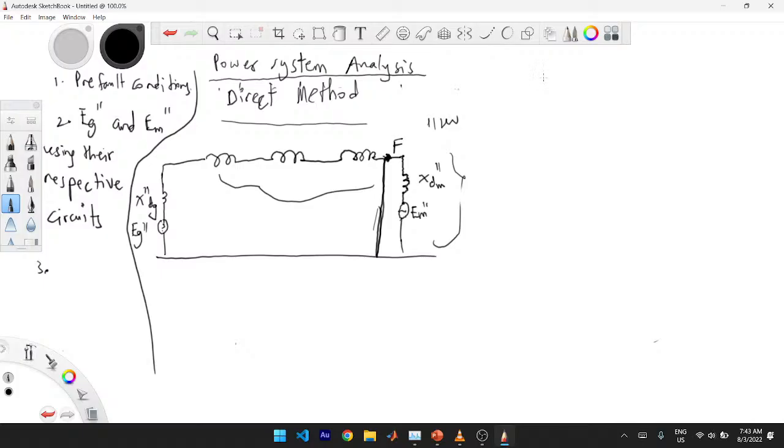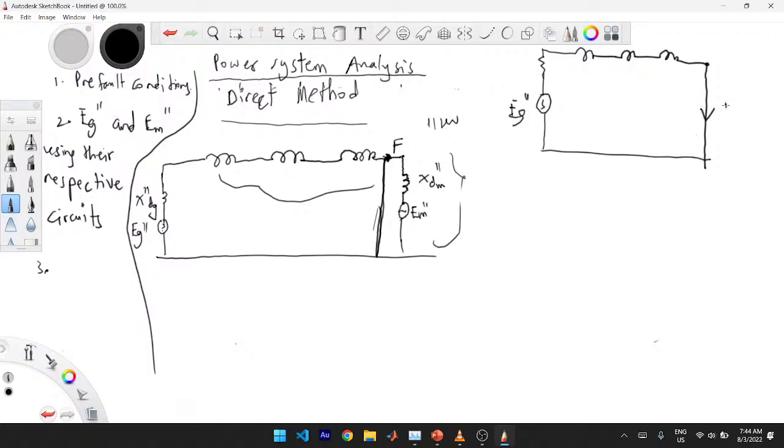So I'm having my EG prime here, which has a certain value I know. Then I'm having my X, transformer 1, line, transformer 2, then where the fault has occurred.